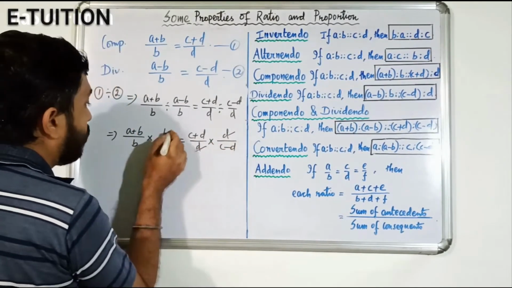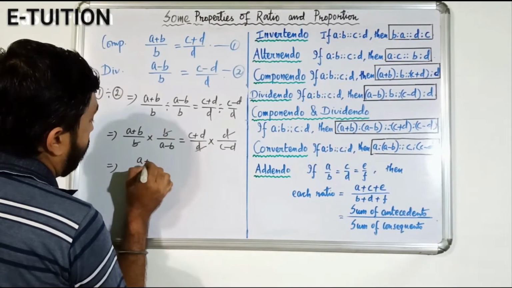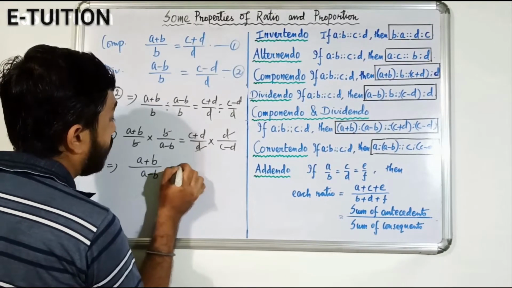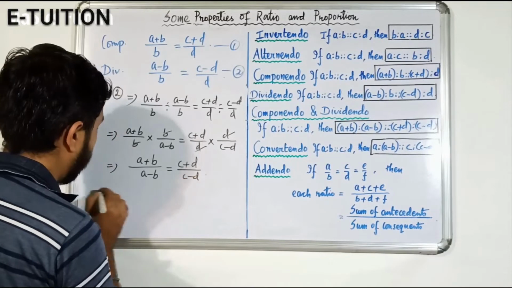D cancelled out, B cancelled out. (A plus B) upon (A minus B) is equal to (C plus D) upon (C minus D).